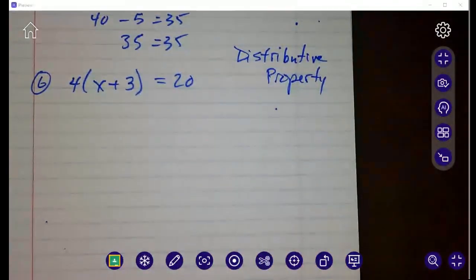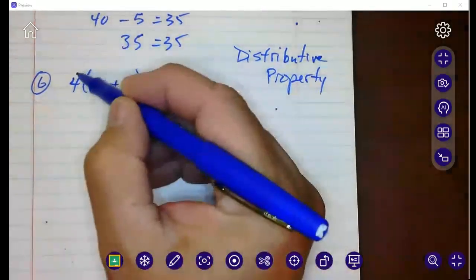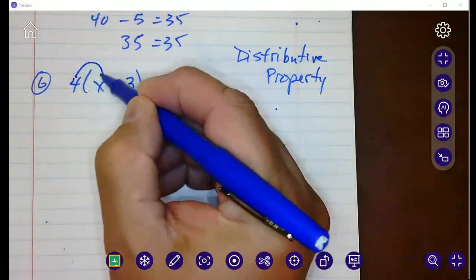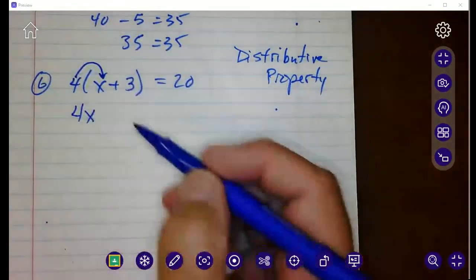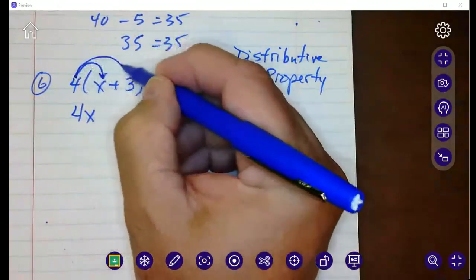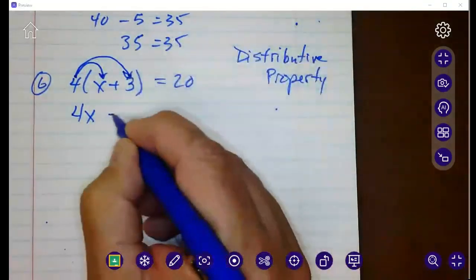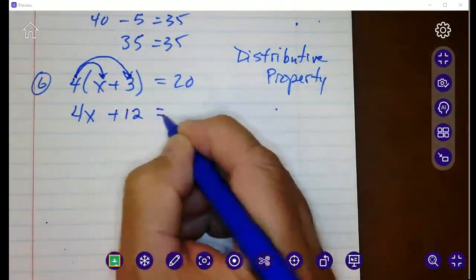The distributive property means take something outside the parentheses and multiply it by each thing inside the parentheses. So I take 4 and I multiply it by x and I get 4x. I take the 4 and multiply it by 3 and I get plus 12.